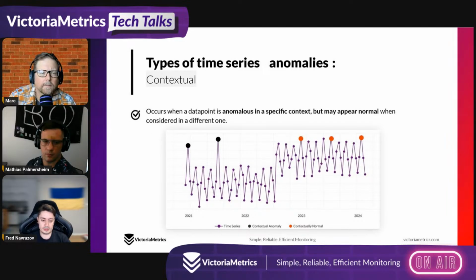But for time series, there can be specific types of anomalies that are rarely seen with different contexts or different data types. One of these is the so-called contextual anomaly, where we have data points of similar magnitude over time, but observed in one context they can be completely normal, while put in a different context they can be seen as outliers.